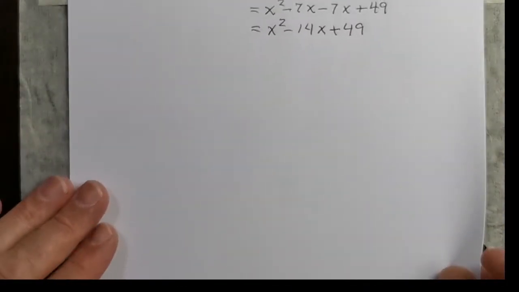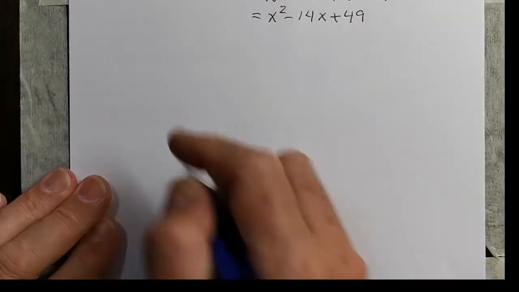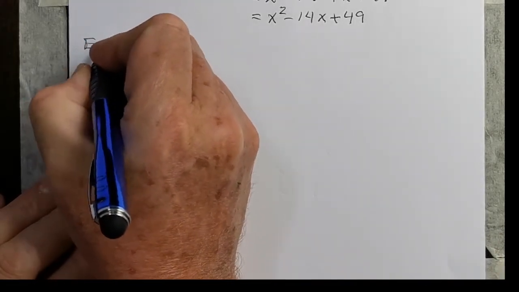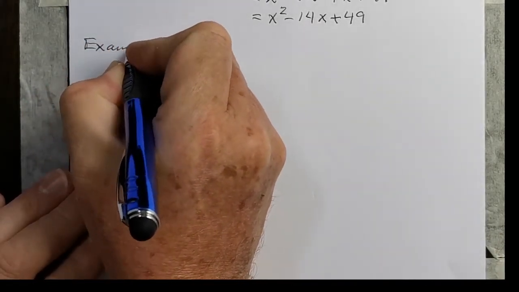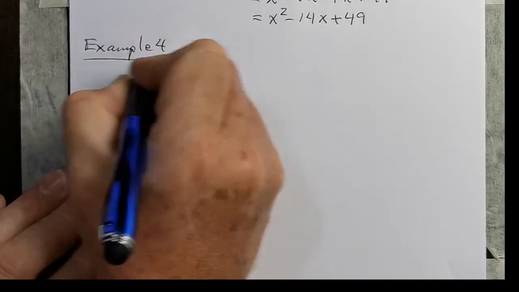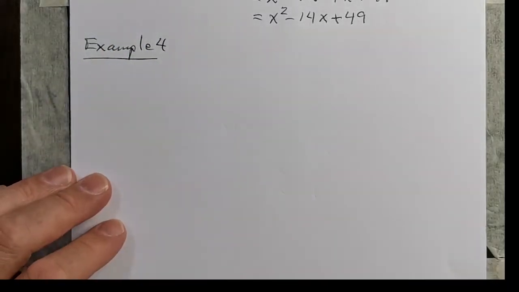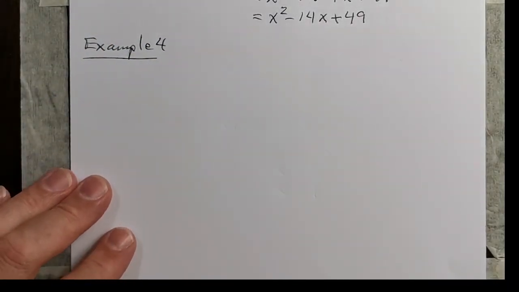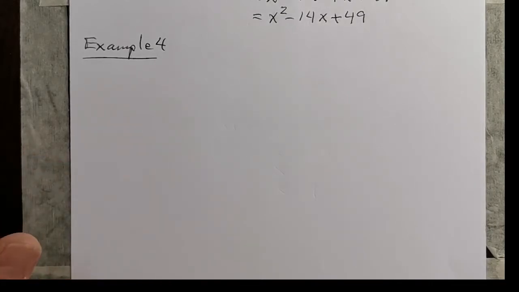We now move to example number 4. Example number 4 is simply to see if you can factor out the greatest common factor from a trinomial.